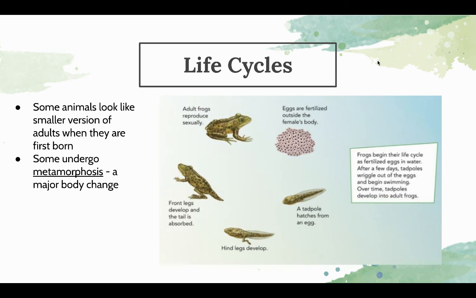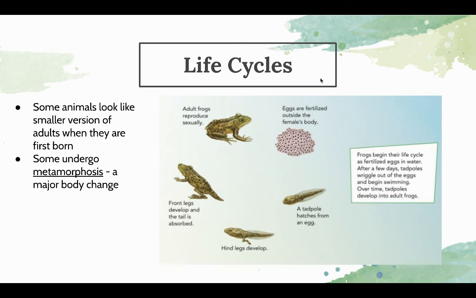So some animals, when they are first born, can look like smaller versions of adults. And some undergo metamorphosis, which is considered a major body change. So metamorphosis, major body change.